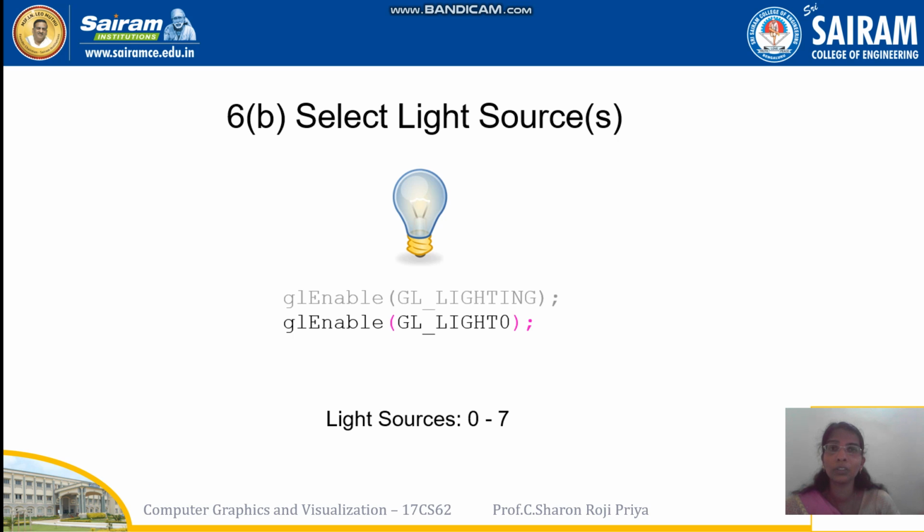The first light source is GL_LIGHT0 and the eighth one is GL_LIGHT7. I have to enable individual light sources. So first is glEnable with GL_LIGHTING, and second is glEnable with the corresponding light source.